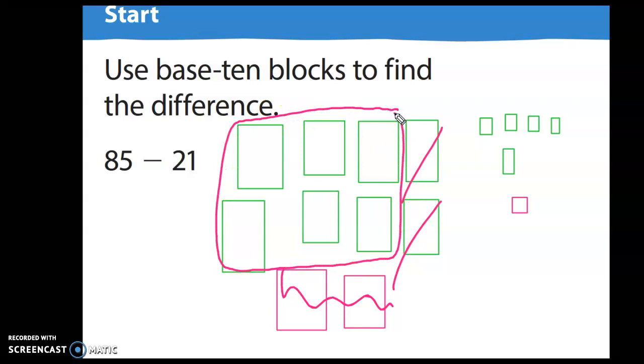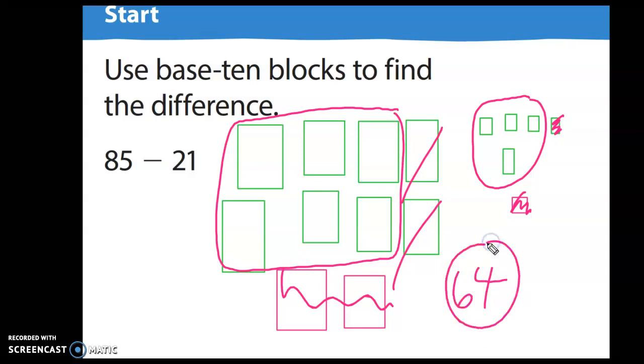If I take away 1 from 5, how many are left? 4. So now I have 4 1s, and 6 10s. So 85 minus 21 is 64.